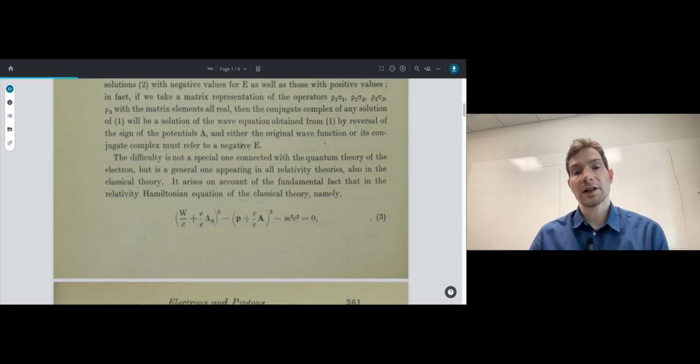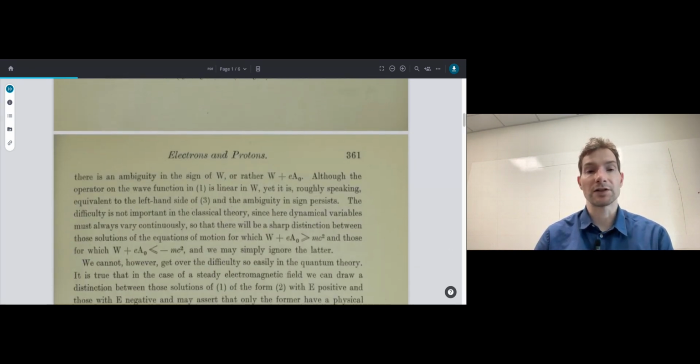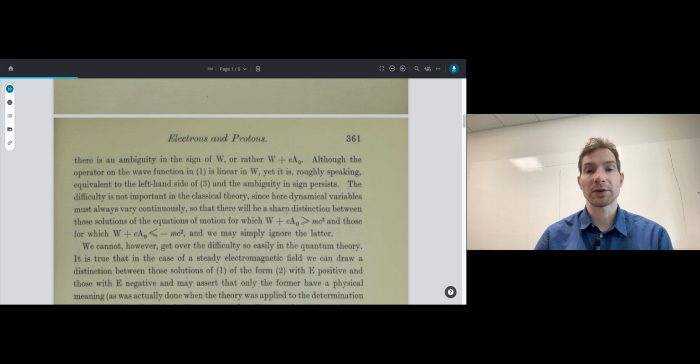Now, one of the things he mentions is that there are two possibilities. W plus E A naught has to be larger than or equal to mc squared, or W plus E A naught has to be less than or equal to minus mc squared. He rightly mentions that most of the time when we find situations like this, we just get rid of the negative part and claim that it doesn't make any sense.